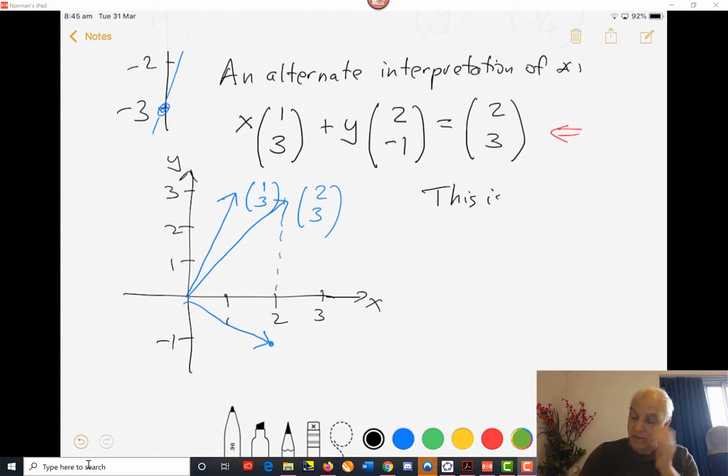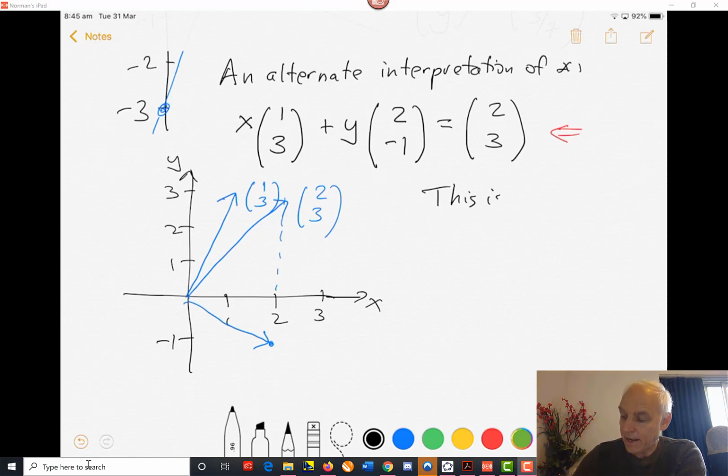And what does that mean geometrically? Well, it means we should take 8/7 of this first vector, maybe that's 8/7 of that first vector, and 3/7 of the second vector. That's maybe like that, okay? And then the claim is that the sum of those two vectors is the given vector, and you can see that's working there. All right.